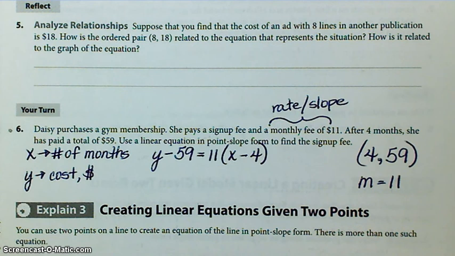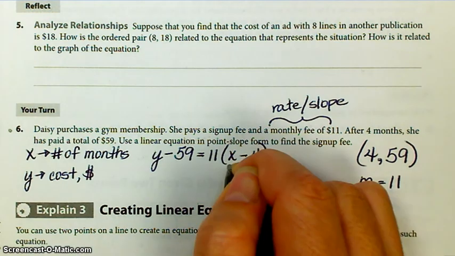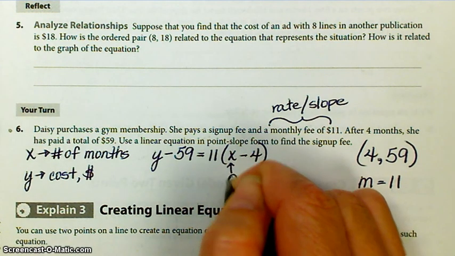Okay, so a little bit of thinking should tell you that she's paid the sign-up fee before any months go by. So at 0 months, all she's paid is the sign-up fee. So I'm going to put in a 0 right there.